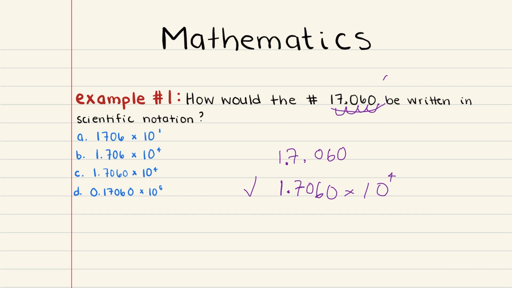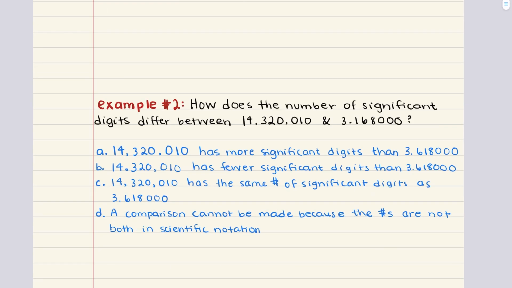When we're given this number, there is no decimal point. So when there's no decimal point, trailing zeros are not significant. So this number only has 4 significant figures, and we need to ensure that that's consistent when we write in scientific notation. This is why we do not include the 0, and the correct answer for problem 1 is B and not C. Beautiful. Let's move on to problem 2.